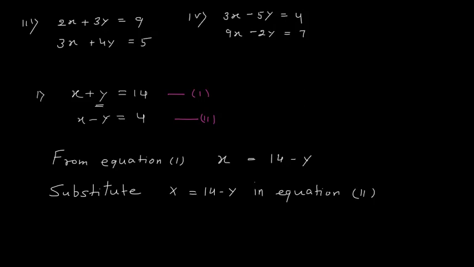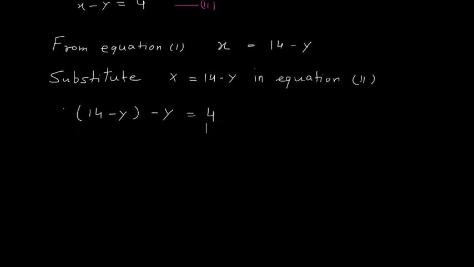So when I substitute in equation 2, x minus y is equal to 4, from equation 1, x is 14 minus y, and I substitute x is equal to 14 minus y in equation 2. So equation 2 is x minus y equal to 4. In place of x I will write 14 minus y, then I have minus y equal to 4.